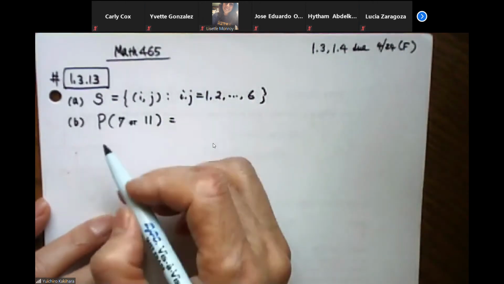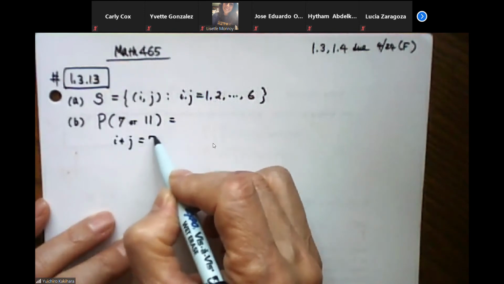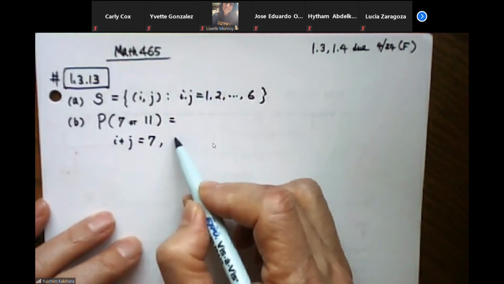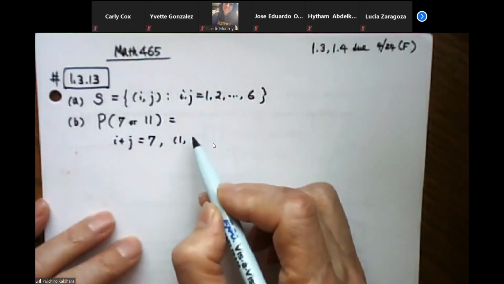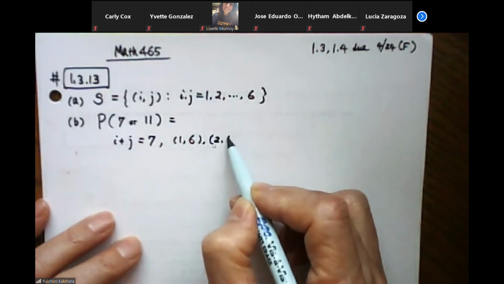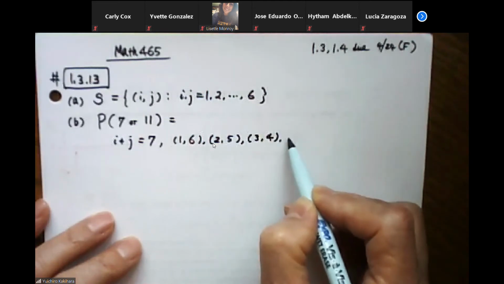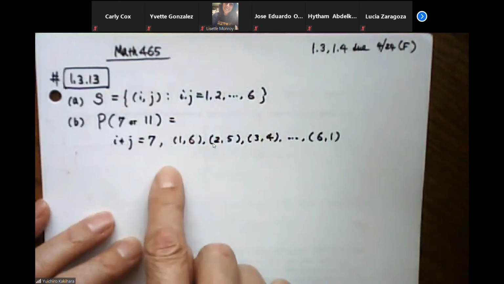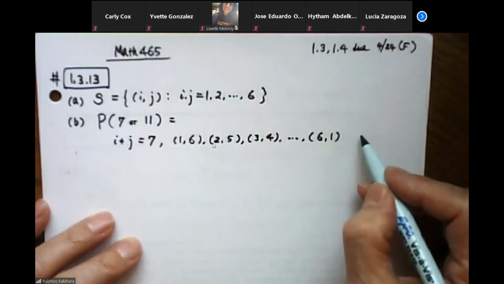First, I plus J is 7. Which kind of pairs are there? If I is 1, then J must be 6. If I is 2, then J must be 5, and so on. Then 3 and 4, and the last one is 6 and 1. How many? 1, 2, ..., 6. So 6 cases.